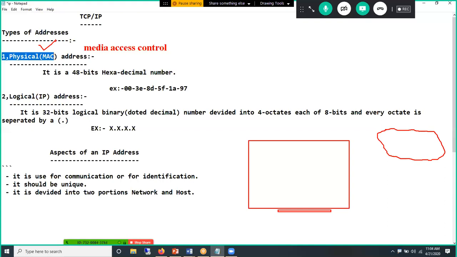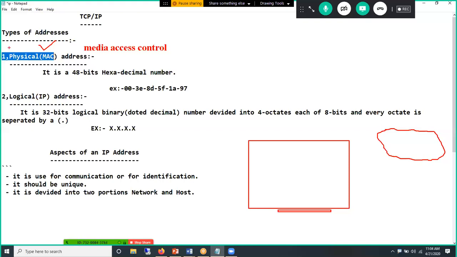No. If you connect any device, maybe a router, a computer, a firewall device, an IP phone, a laptop, it may be anything, then that device compulsorily requires both these addresses. And I'm not saying IP address is important and MAC address is not important. Both addresses are compulsory.